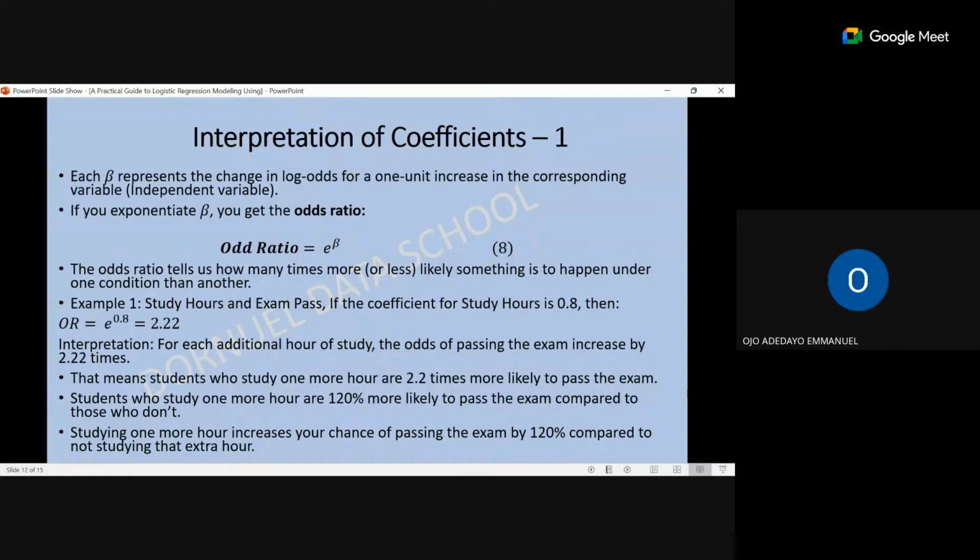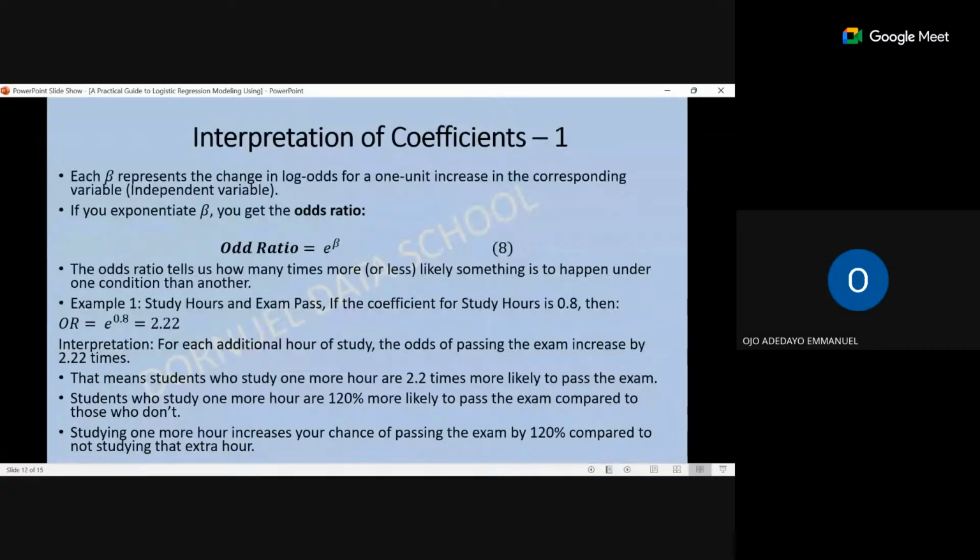That is, any student that makes additional effort to study an hour more is 120% more likely to pass the exam compared to those who did not make that attempt.